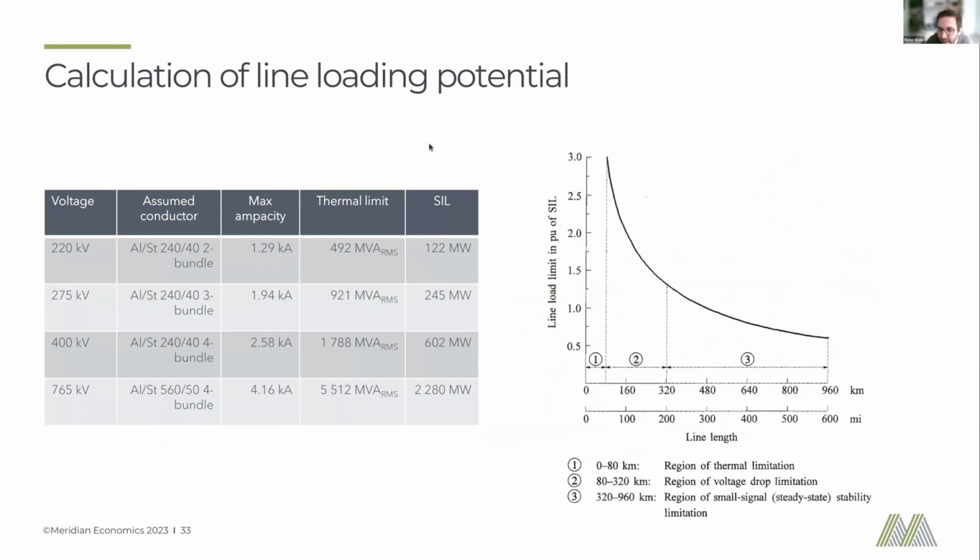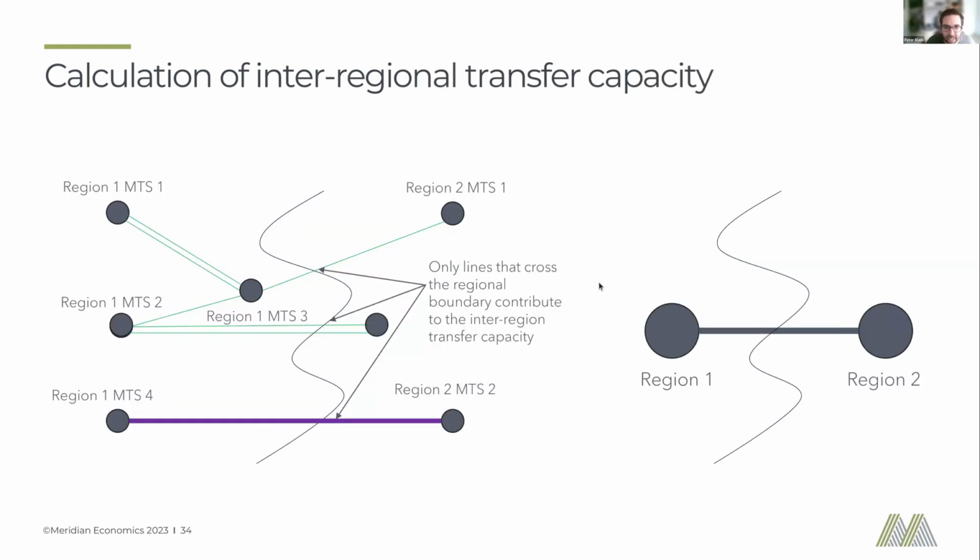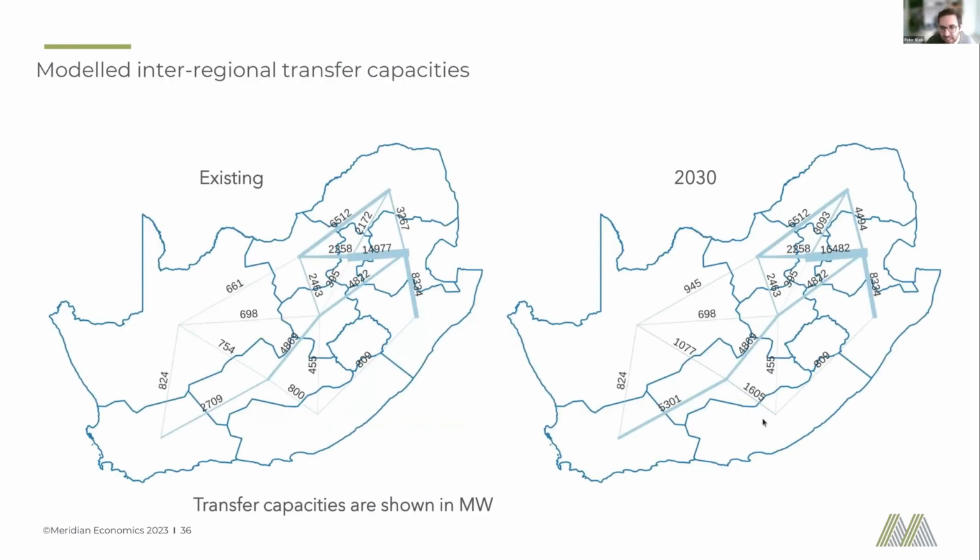In terms of how the line loading potential is calculated between different regions, I think we're a bit short on time, so we'll park this until next week. We can go through in more detail how we estimate the transfer capacities between different regions. Ultimately, we're relying on Sinclair curves and looking at different surge impedance loading calculations, and we've got a way to estimate how much energy could be moved at maximum between areas.